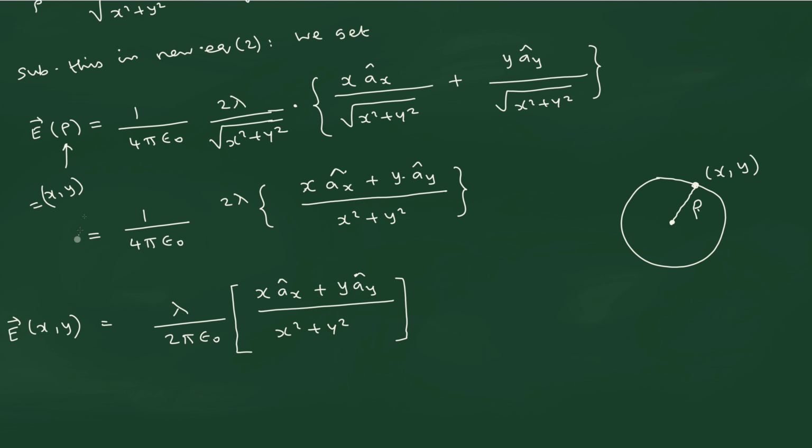That is the meaning, because on the right hand side we have removed all the unit vectors in the cylindrical system, and we brought ax and ay. Ax and ay, what are they? They are the unit vectors in the Cartesian. That is the reason I am writing x comma y here. So this is our conclusion, that we have now successfully converted the equation number 2 to the Cartesian system.